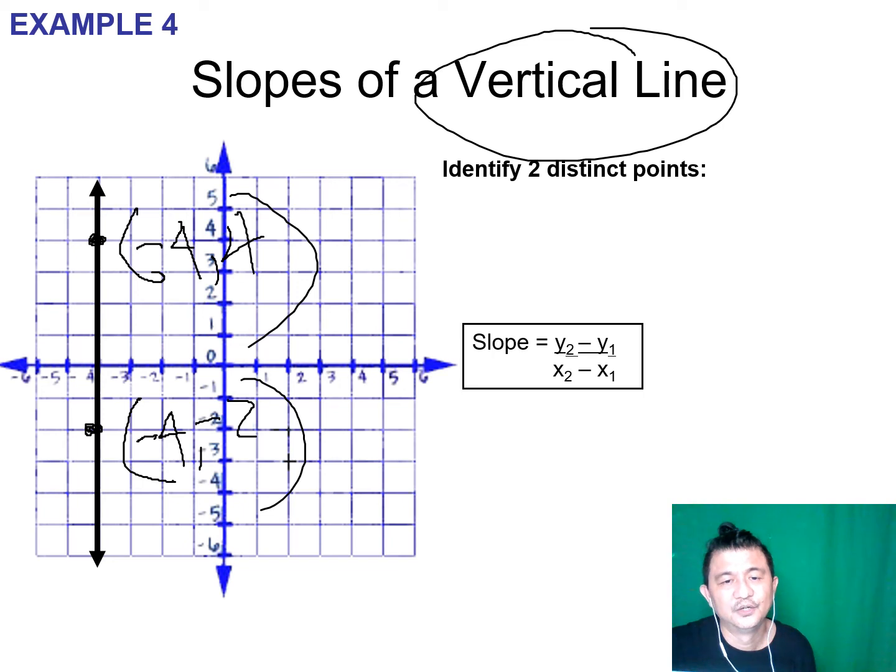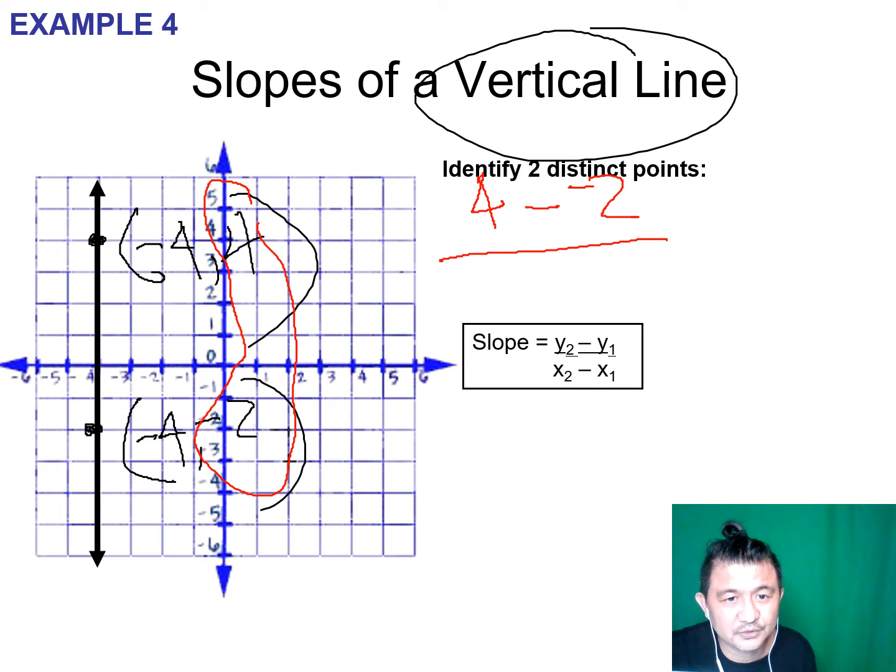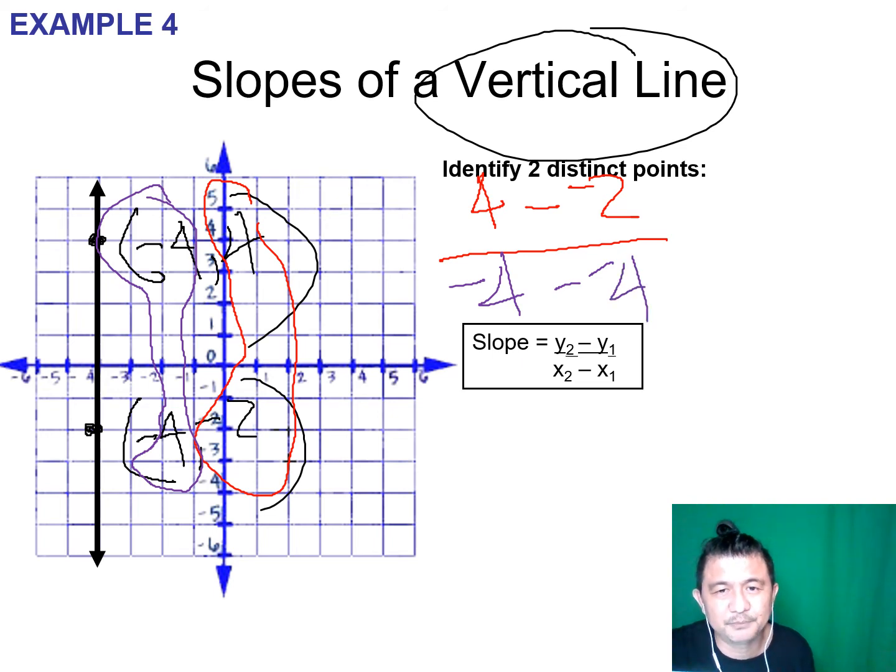Again, let's use our formula y2 minus y1. Okay, you could start from anywhere you want. So 4 minus negative 2. That's y2 minus y1. And then at the bottom, we're using, what's this? Negative 4 minus, that's a negative 4. Okay, do your keep change opposite.